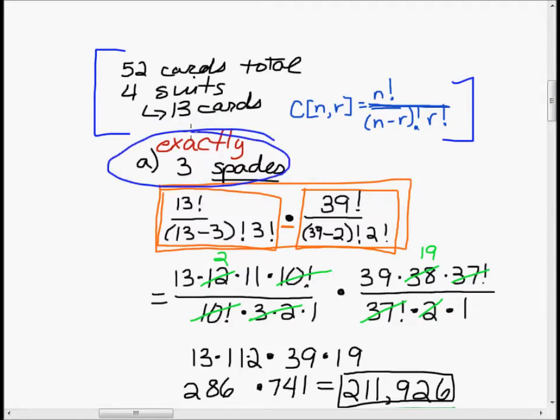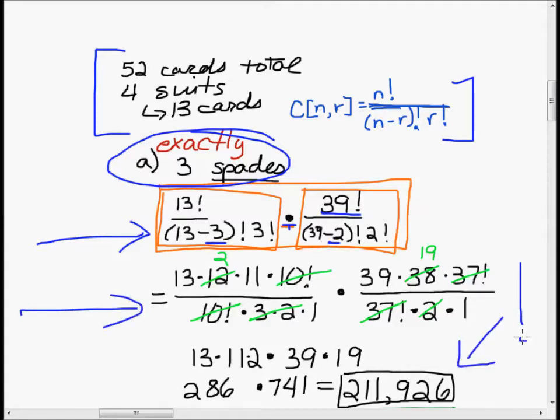So we figured out what the question was in math terms. So we used the combination formula. From a suit of 13 cards, we pulled 3, plugged that into the thing, and from the remaining 39 cards, we pulled 2. We did the math right here, and we got our answer.